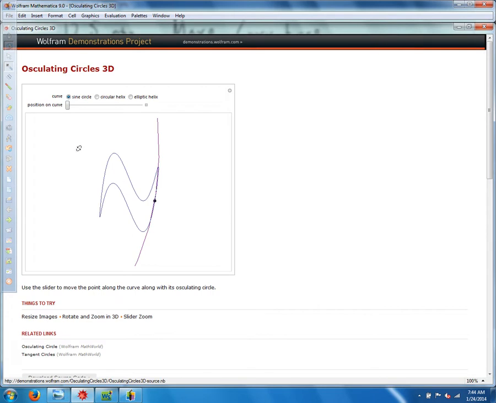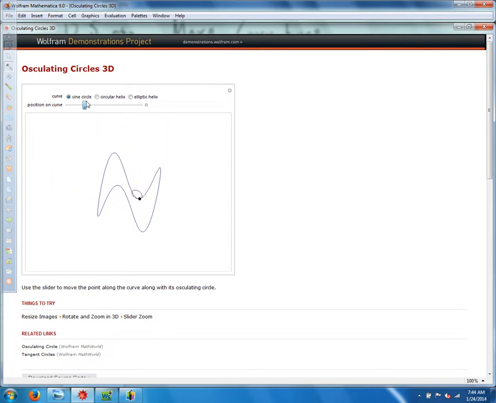There we go. So here is a three-dimensional curve. Let me rotate it around. So that's looking at it from above, from the side. So here's our osculating circle of this curve in 3 dimensions.